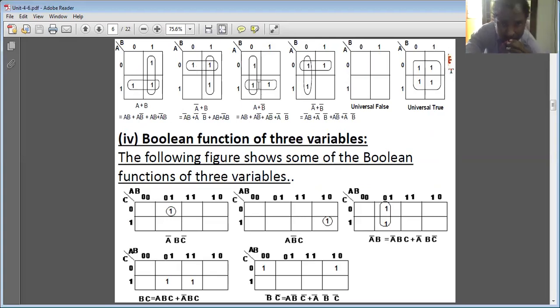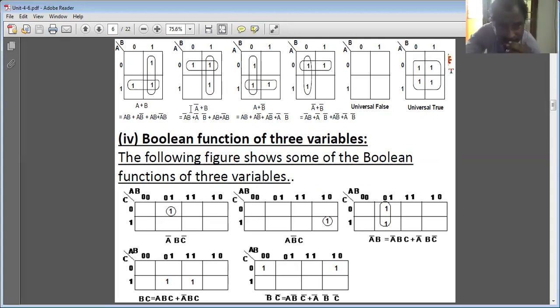Similarly here it is AB bar plus AB plus AB bar plus A bar B bar. Here it is AB bar plus A bar B bar plus A bar B bar plus AB. Here it is universal false. This one is universal true.